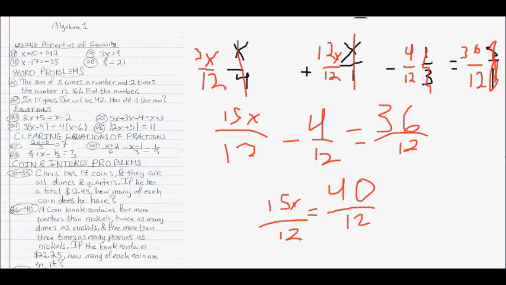Alright, everyone with me? Now you could reduce it if you wish. That may be easier. 3 goes into 15 five times. 3 goes into 12 four times. So that became 5 over 12.